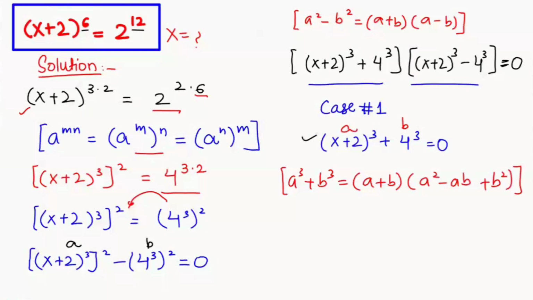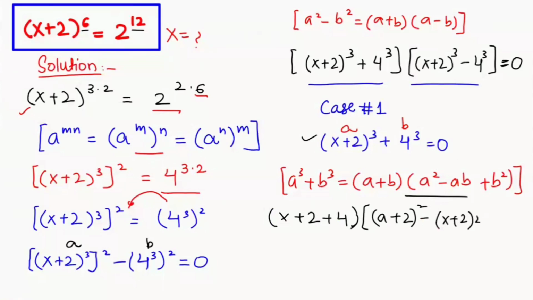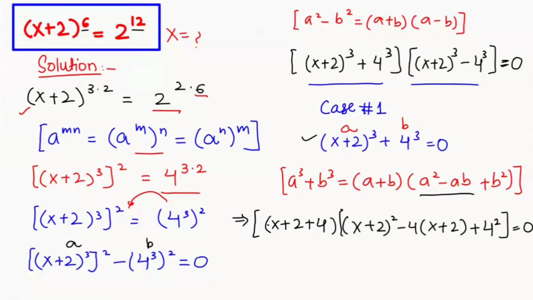This equation turns to (x + 2 + 4)((x + 2)^2 minus (x + 2)(4) plus 4 squared) is equal to 0.